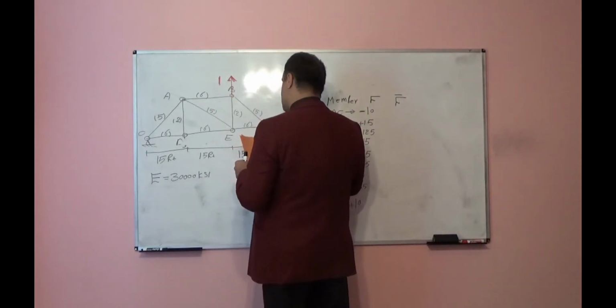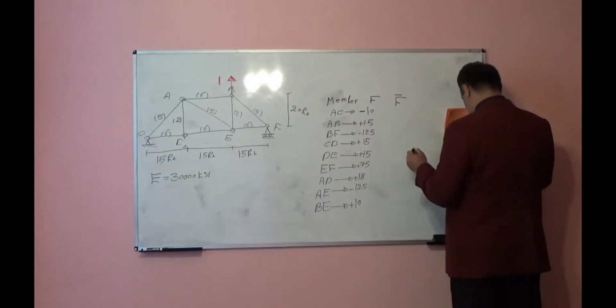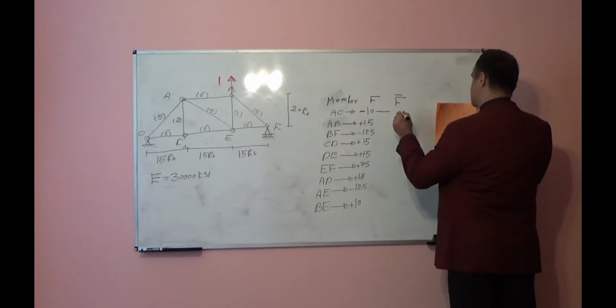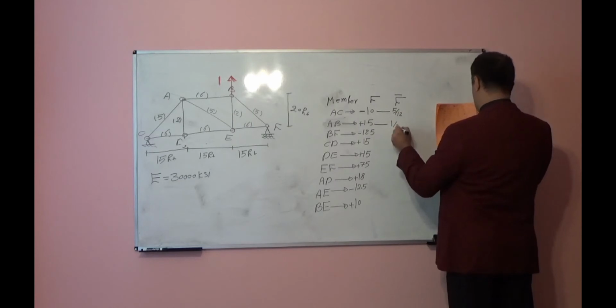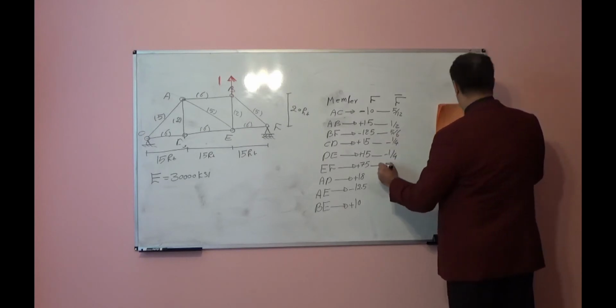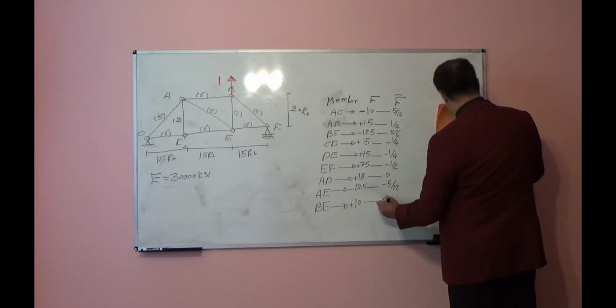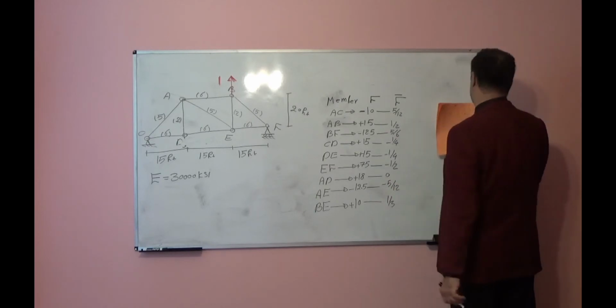If you solve this truss again using the joint method, you will find the internal forces: positive 5 over 12, positive 1 over 2, positive 5 over 6, negative 1 over 4, negative 1 over 4, negative 1 over 2, 0, negative 5 over 12, and 1 over 3.